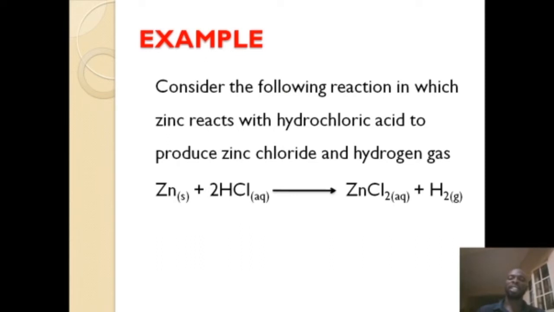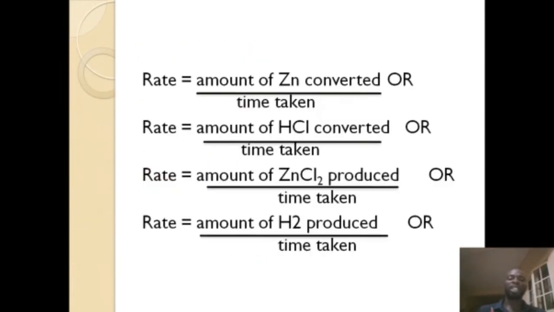So looking at this, that is equation number 3 now. We say that the rate of this reaction is equal to the amount of zinc chloride produced over the time taken for the zinc chloride to be produced, or the rate is equal to the amount of hydrogen gas produced over the time taken for this hydrogen gas to be produced.